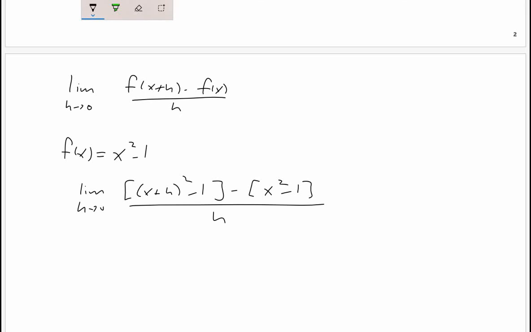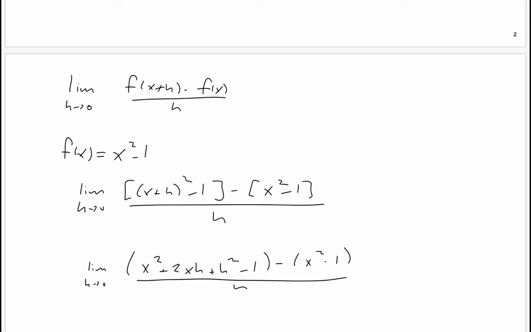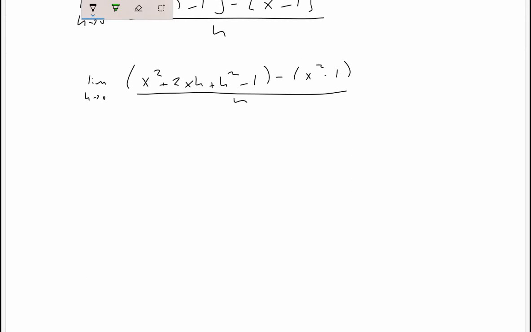Now when we go to simplifying things, limit as h approaches 0, that's going to be x squared plus 2xh plus h squared minus 1 minus x squared minus 1, all over h.